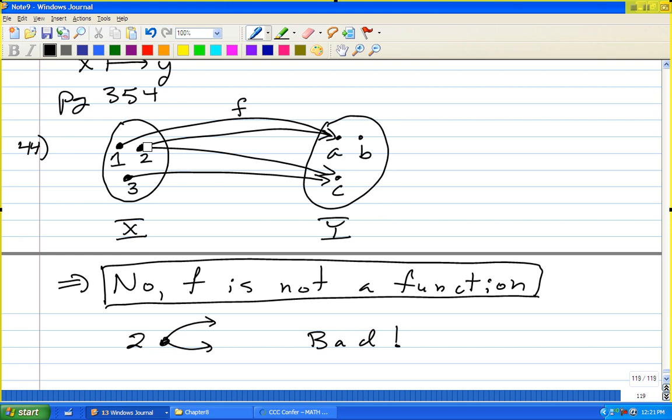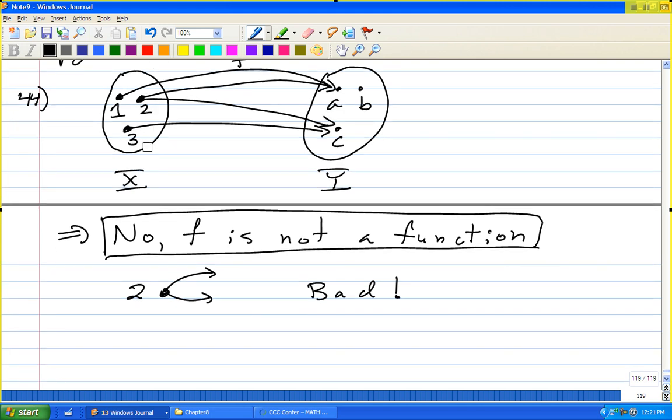Let's try to find the domain of my relation here. So again, this is some sort of relation. So let's find the domain. Well, in this case, I have that 1, 2, and 3 all have outputs. And so the domain is 1, 2, 3.